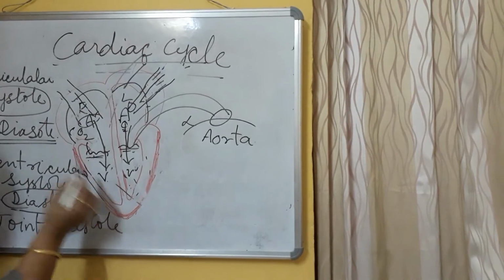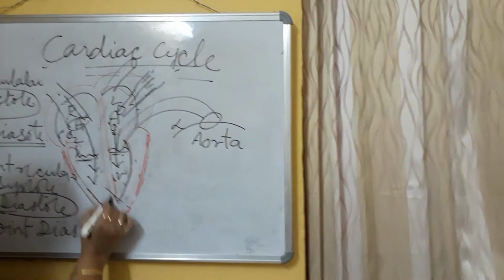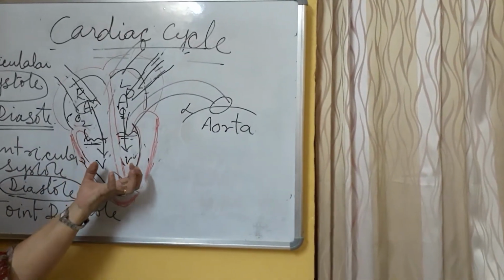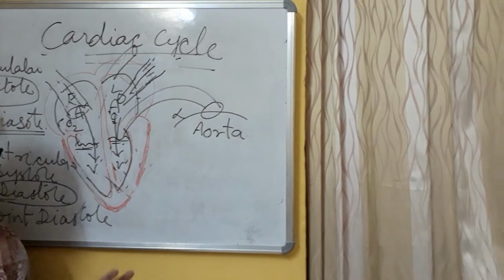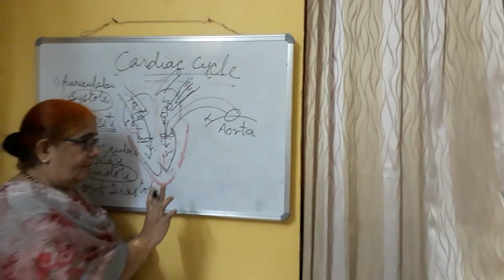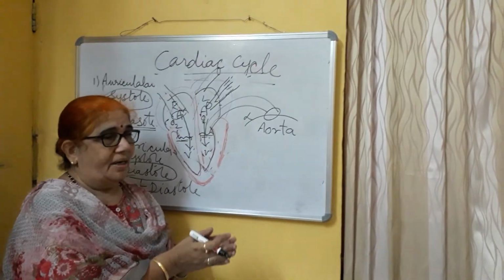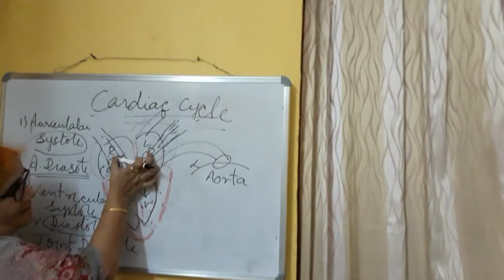Now ventricular systole. You have to follow this slightly. When the ventricles are contracting, very carefully you listen, both the ventricles have to contract, but when they are contracting, pressure will be there. Here the pressure will be less. Why?